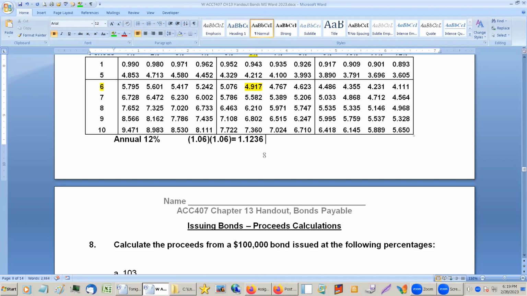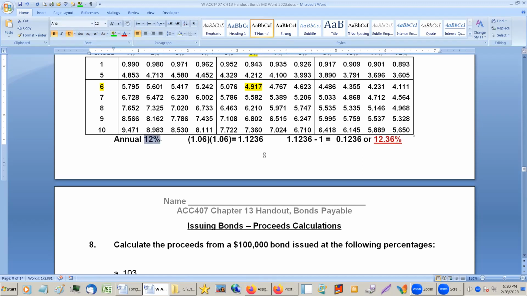So in other words, if you minus the 1 from it, which is the face value basically, it's going to be slightly more because of the compounding.